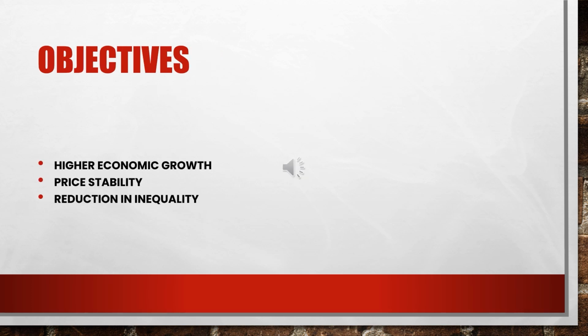Now let us see what the objectives of fiscal policy are. The following are the objectives of fiscal policy. First, higher economic growth, price stability, and reduction in inequality. The above objectives are met in the following ways. One, by consumption control, so the ratio of savings to income is raised.